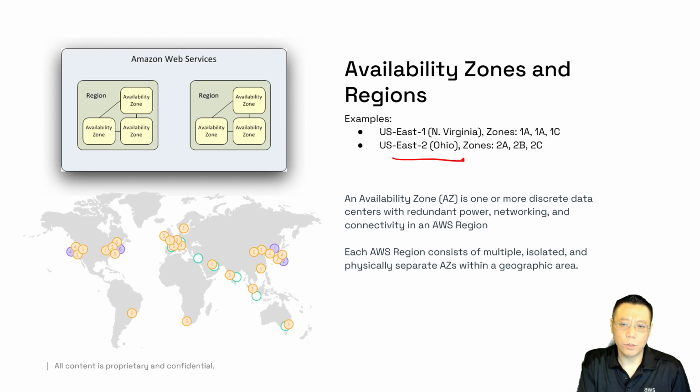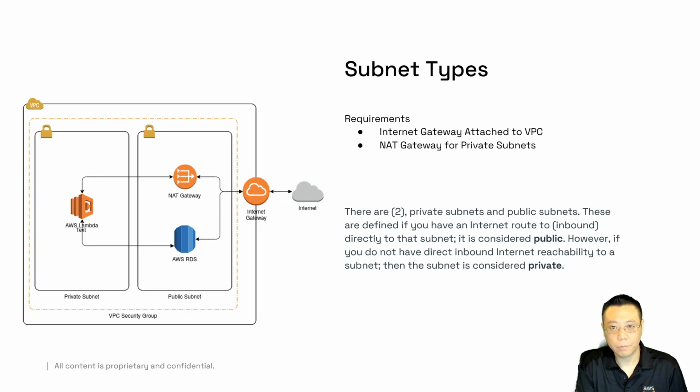So just know that the more zones and regions you have, the more resilient, highly available, and potentially faster your global architecture and access will be for your end users. Now let's move on to subnet types.